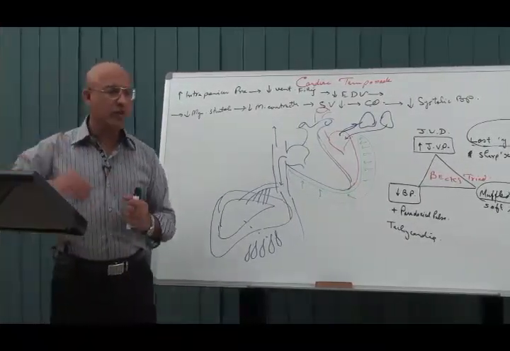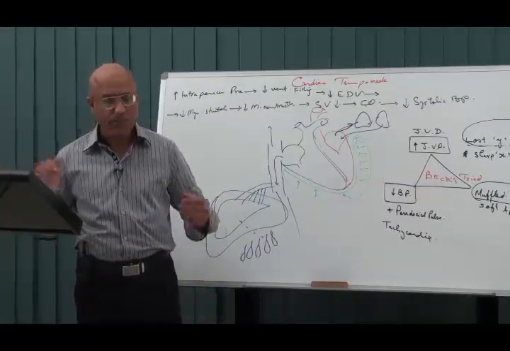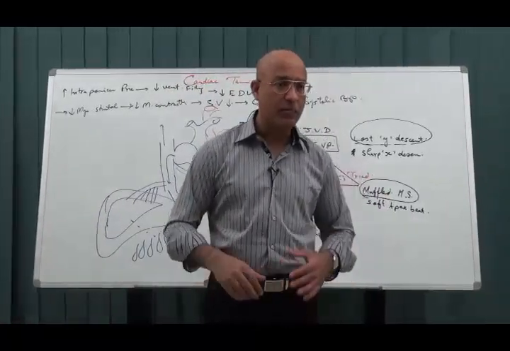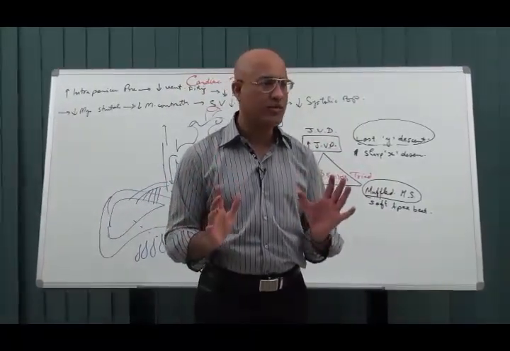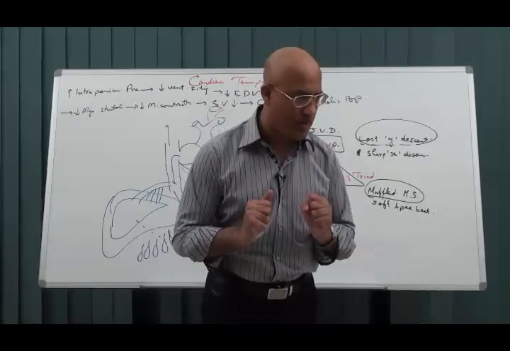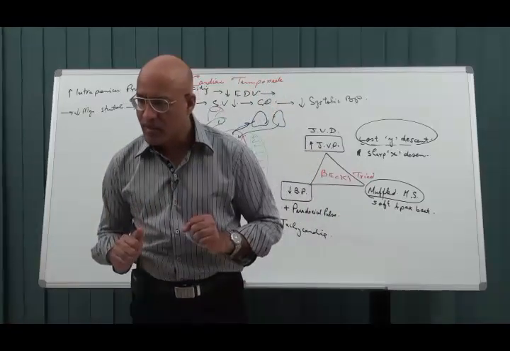Now, in patients who come with tamponade, what other clinical features can be appreciated? As I have discussed, up to now I only talked about those clinical features which develop due to hemodynamic instability. But of course, there may be clinical features due to the underlying cause.